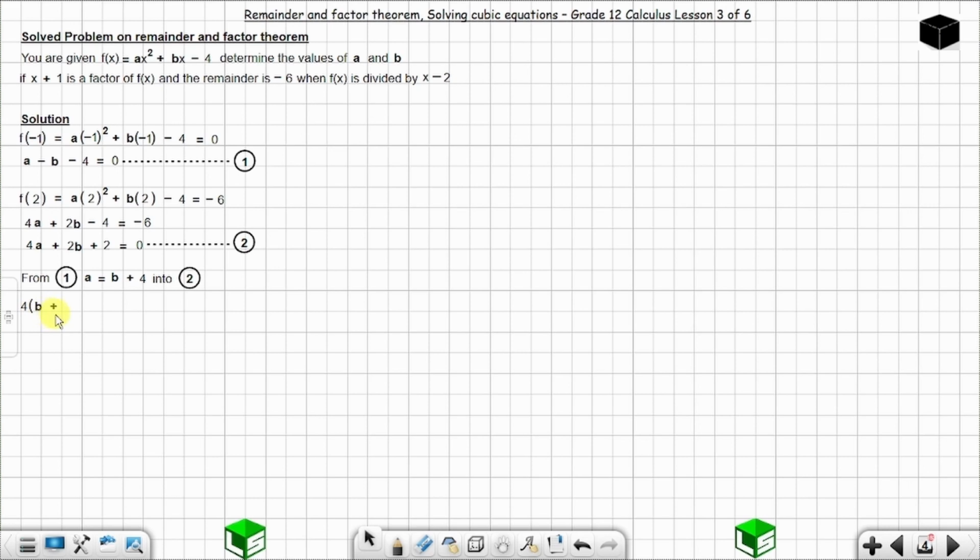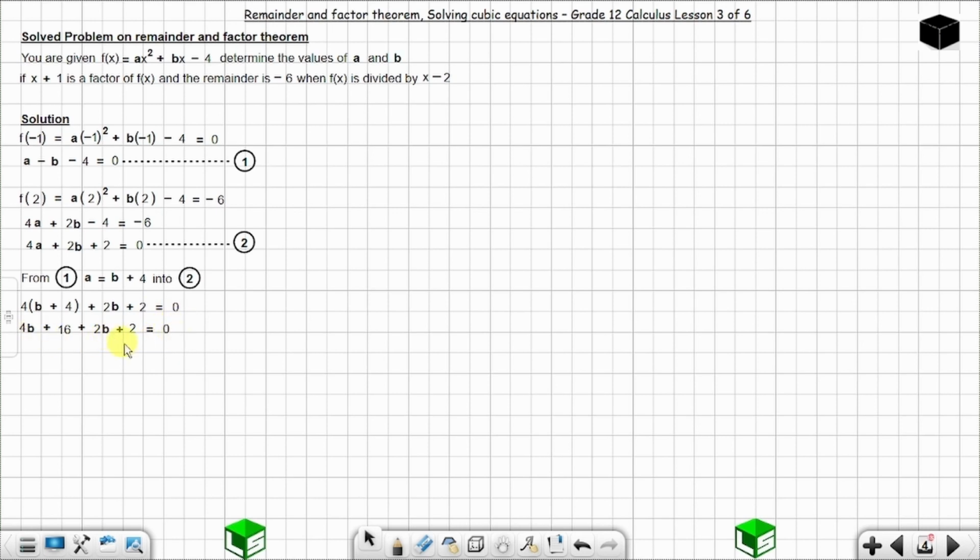So 4 times b plus 4, plus 2b, plus 2. This is equal to 0. So you have 4b plus 16 plus 2b plus 2 equal to 0.